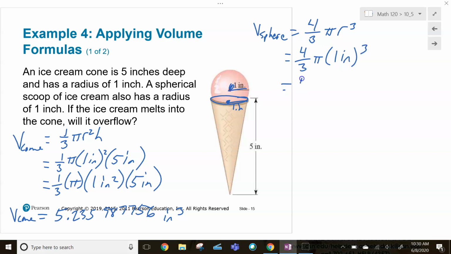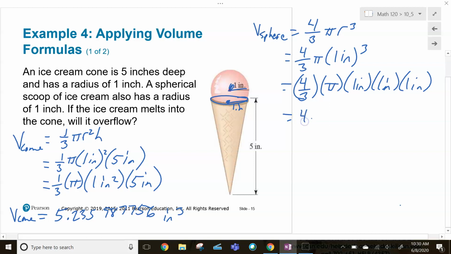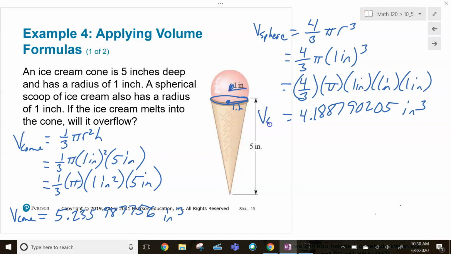So we got 4/3 times pi times 1 inch times 1 inch times 1 inch. Of course, that doesn't make a difference. But we end up with cubic inches. So there's the volume of the sphere.